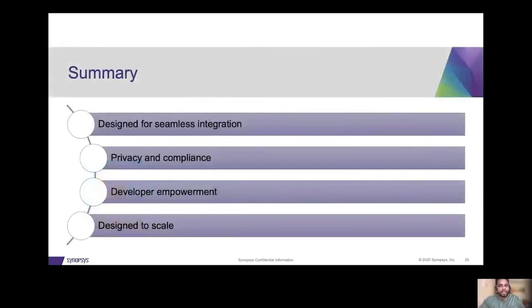So, here are the key takeaways. IaaS has seamless integration. It's easy to integrate and automate in the CI/CD pipeline and even easier to deploy and configure. Plus, it's optimized for security, development, and DevOps teams. When it comes to privacy and compliance, it's the only AppSec testing tool with complete sensitive data tracking.